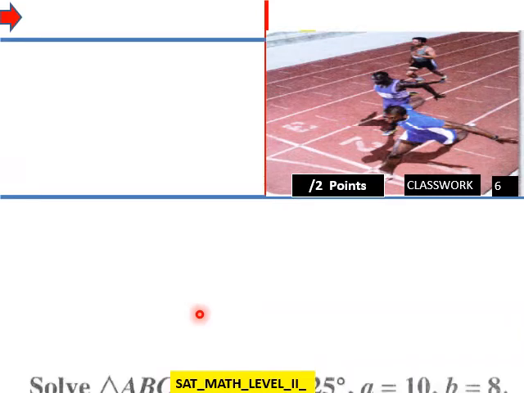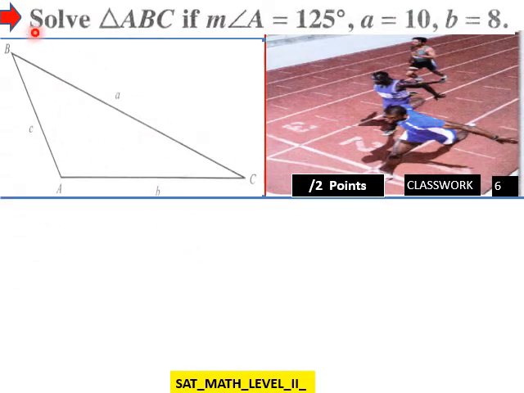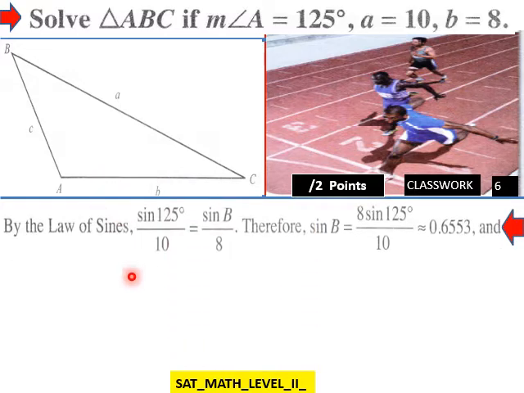Okay, so let's go into an example that goes through that process. Solving triangle ABC: the measure of angle A is 125, the length a is 10, and the length b is 8. So we need to solve this triangle. By the law of sines, sine 125 over 10 will equal sine B over 8.